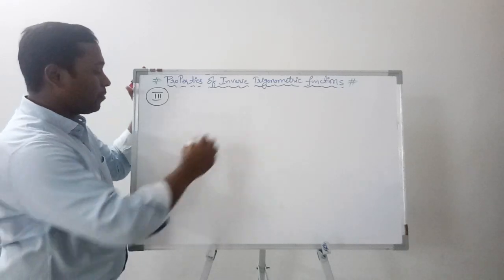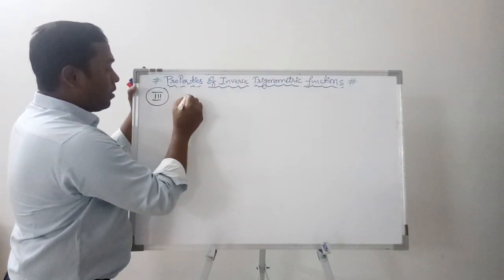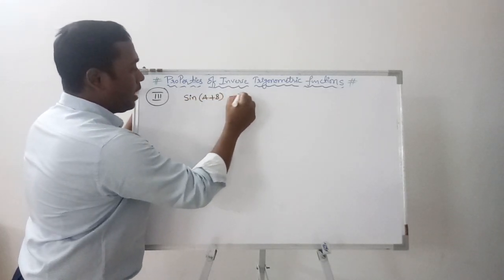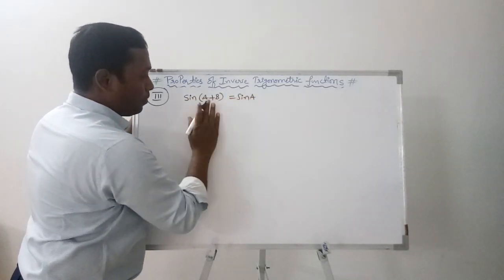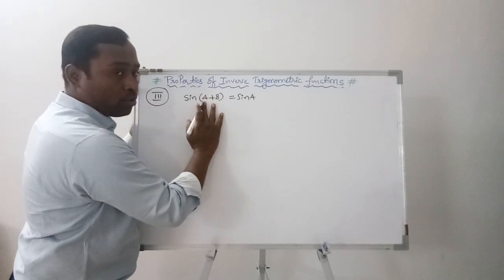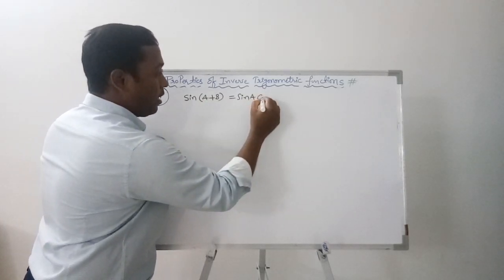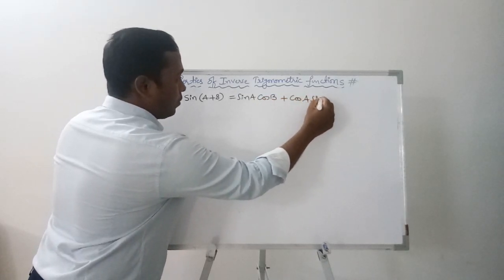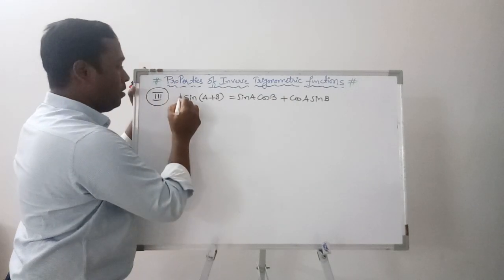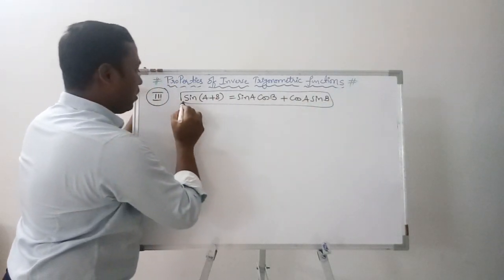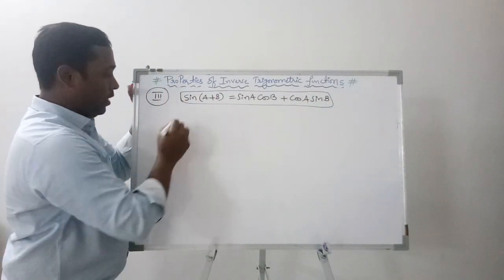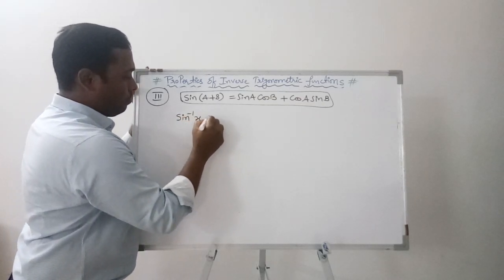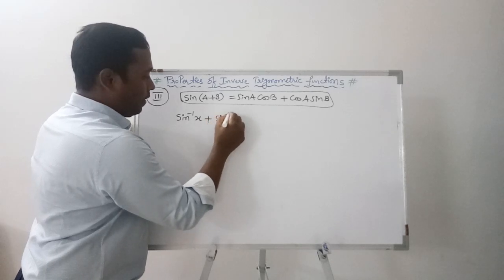What does it mean? You have studied that sine of a plus b, that is, sum of the two angles or difference of two angles, can be written as sine a into cos b plus cos a into sine b. So in a similar manner, in inverse trigonometry we have a formula like sine inverse x plus sine inverse y.